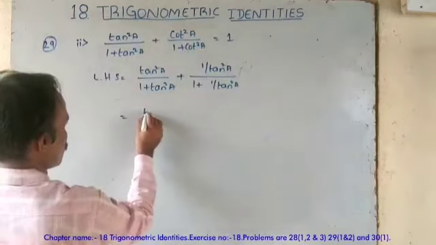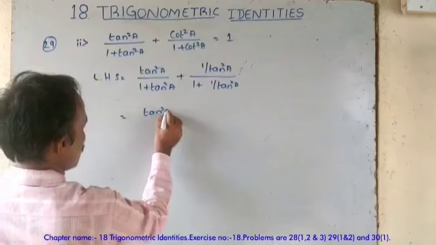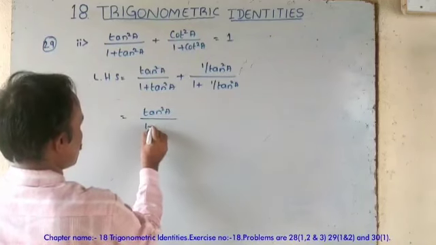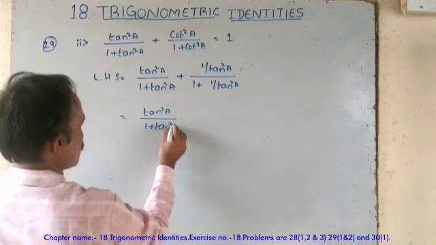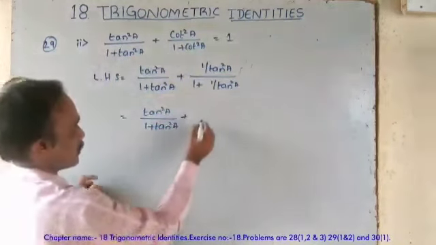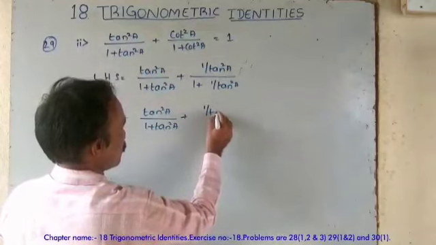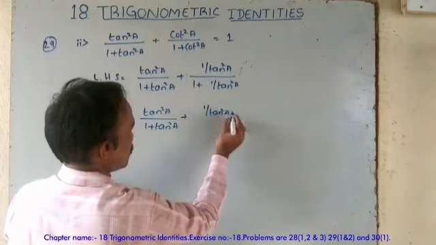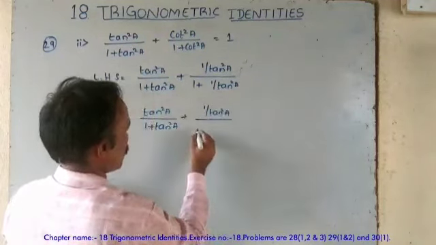So this is equal to tan square A as it is, denominator 1 plus tan square A also kept as it is, plus 1 divided by tan square A kept as it is, divided by, take LCM here.